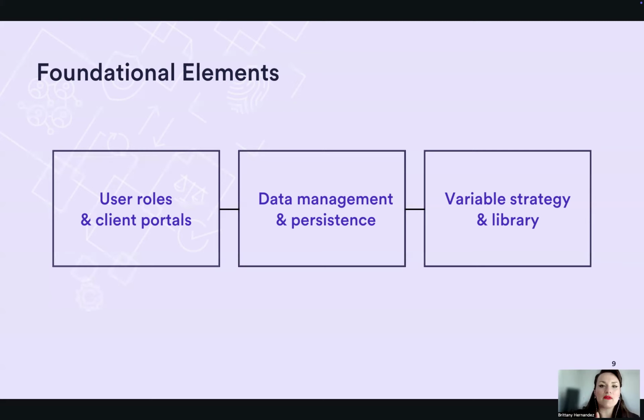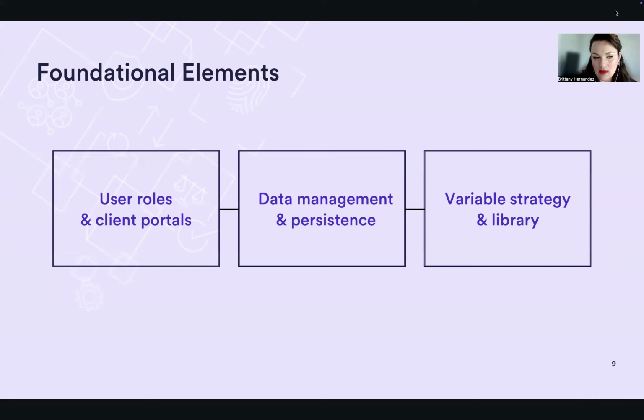For example, if you want to refer to that person's name later on, or put it in your document, or have it be the condition that is used to make things show or hide in different places. So variables are extremely important, and I see them as probably the most foundational element out of everything.